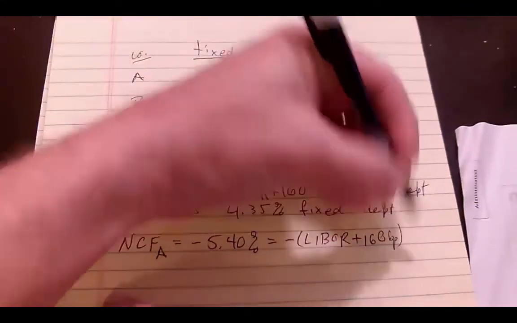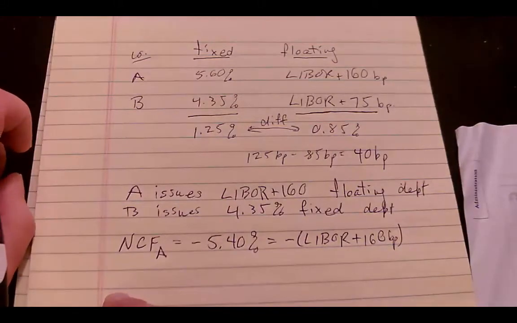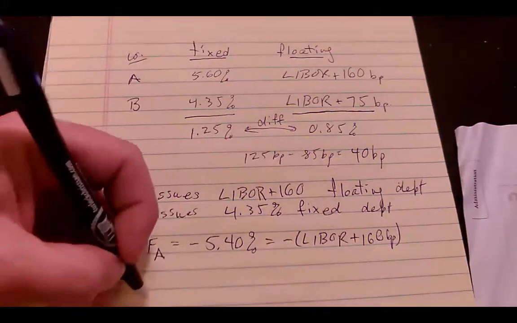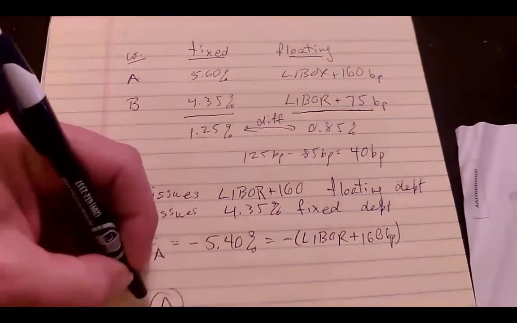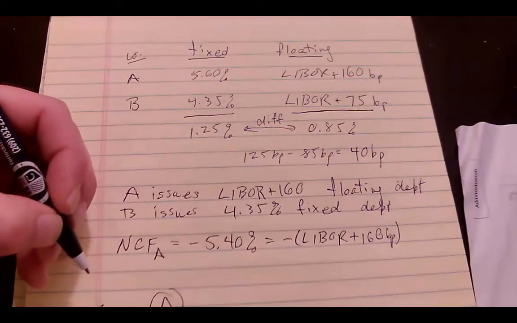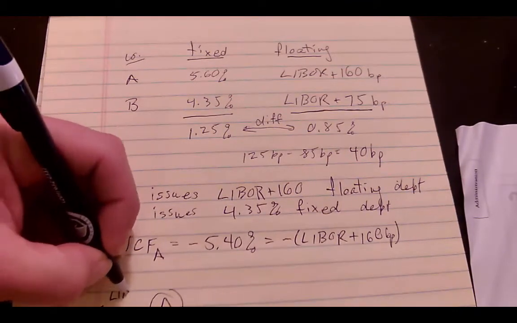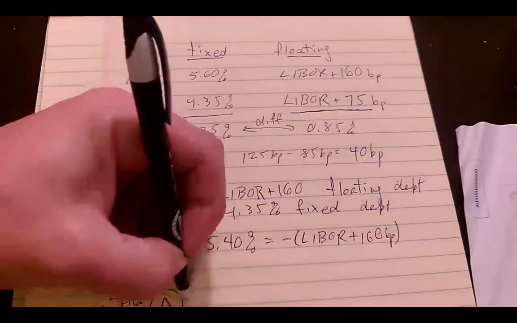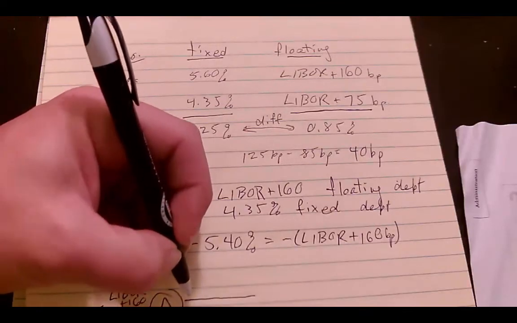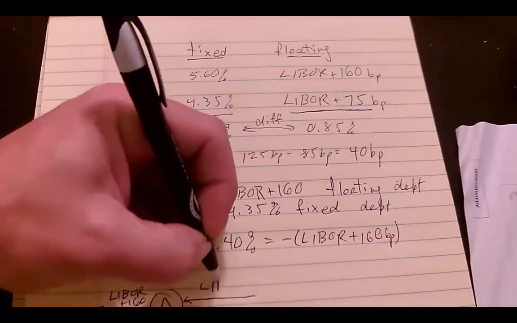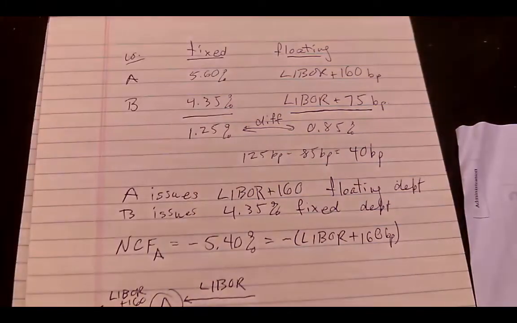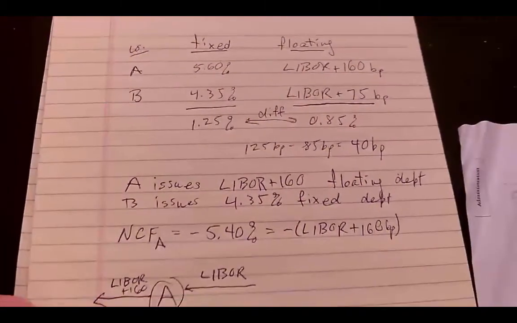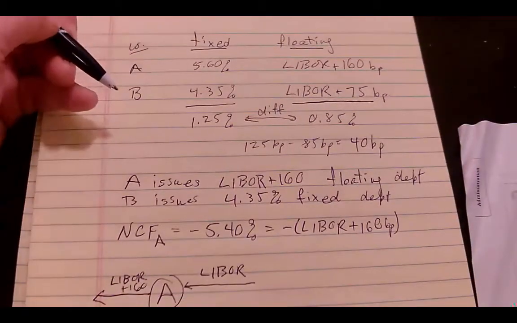From the swap, the way the swap contracts work, let me illustrate this for you here. Company A, I'm going to put over here, they're already paying, as we said, LIBOR plus 160 floating. Generally, for a fixed for floating swap contract, one side would just be LIBOR flat, because the LIBOR plus something is like a fixed something, 1.6% for a company that's fixed for the life of the contract.